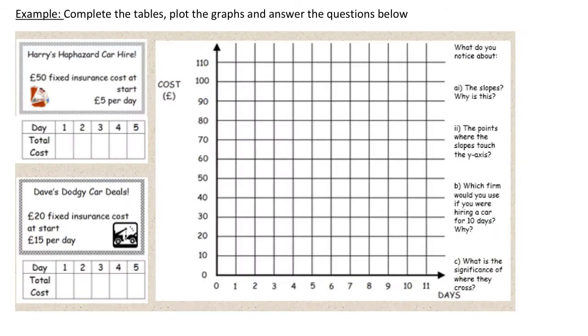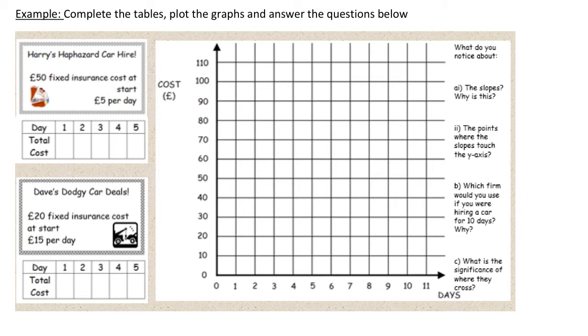We've got an example here of a car hire graph. We're told that Mark's Mediocre Motors charge £30 fixed insurance at the start, and then an additional £15 per day. So for 1 day it's going to be 30 plus 15, so it's 45. 2 days is 30 plus 2 lots of 15, so that's 60, and then we add £15 each day.